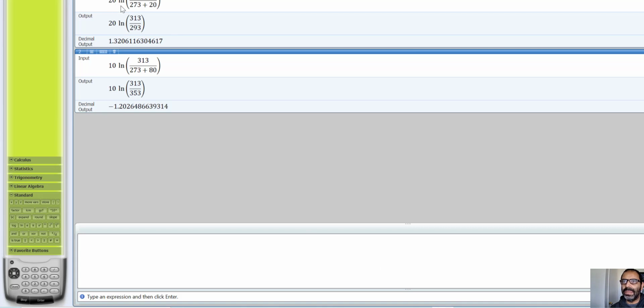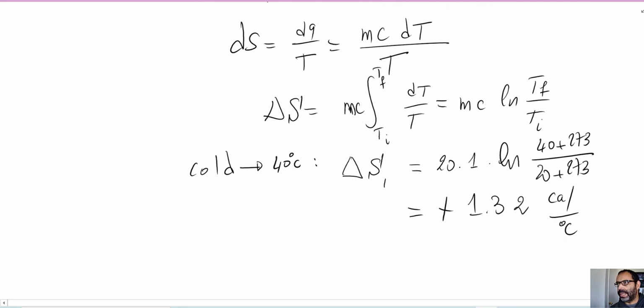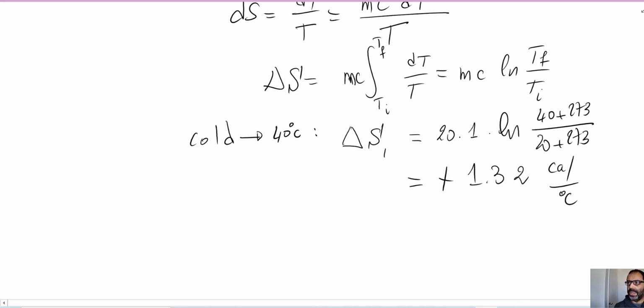I have 20 times ln of 273 plus 40 over 273 plus 20, so it's going to be positive 1.32 calories per degree Celsius, or Kelvin if you like, because per degree is the same thing. Per degree Kelvin or per Kelvin or per degree Celsius. But you have to do the conversion correctly in here to find it in joules. Never mind the units for right now. Just focus on the positive and the negative.